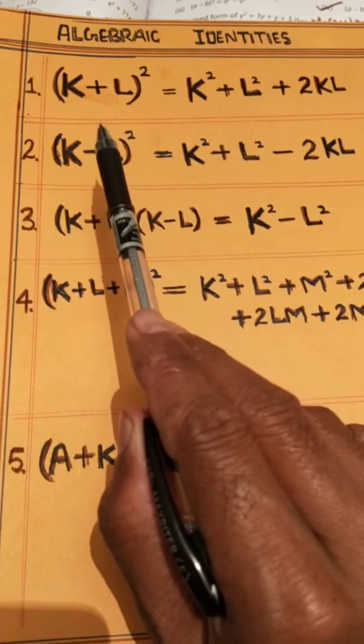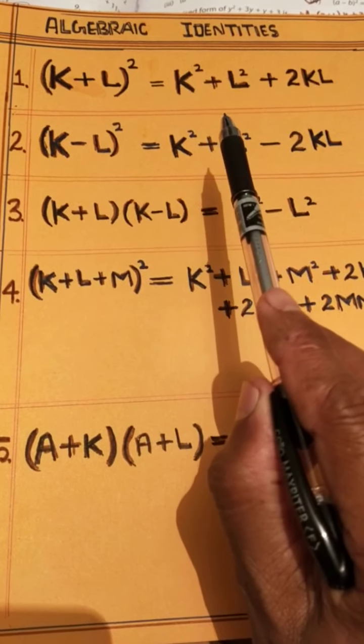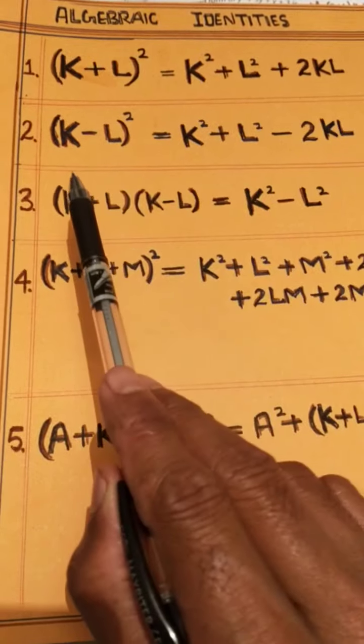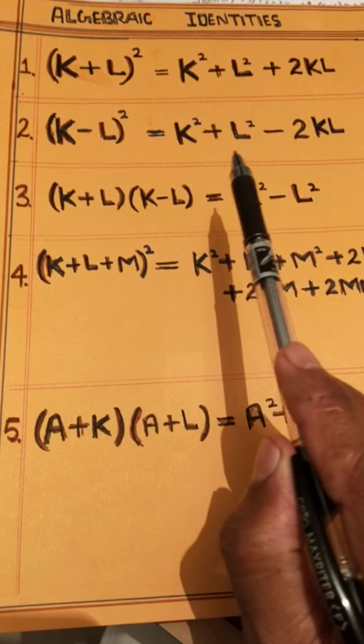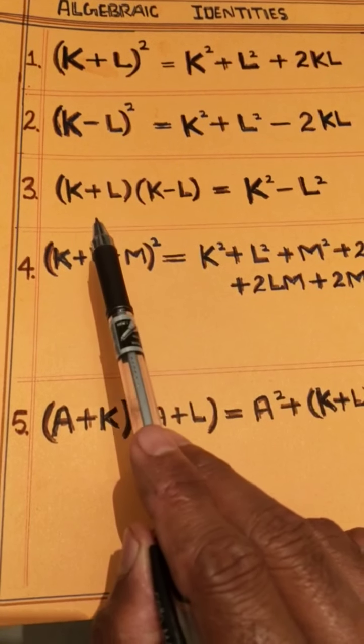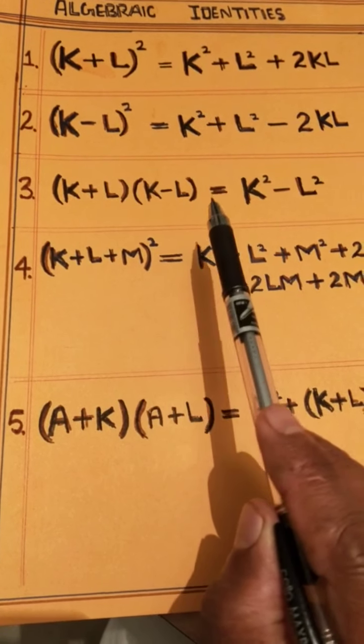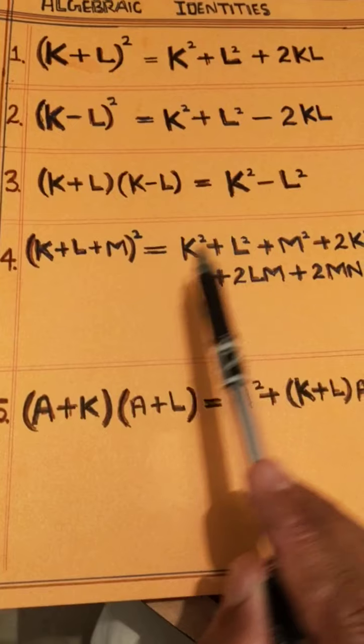So (K plus L) whole square is K square plus L square plus 2KL. (K minus L) whole square is equal to K square plus L square minus 2KL. (K plus L) into (K minus L) is equal to K square minus L square.